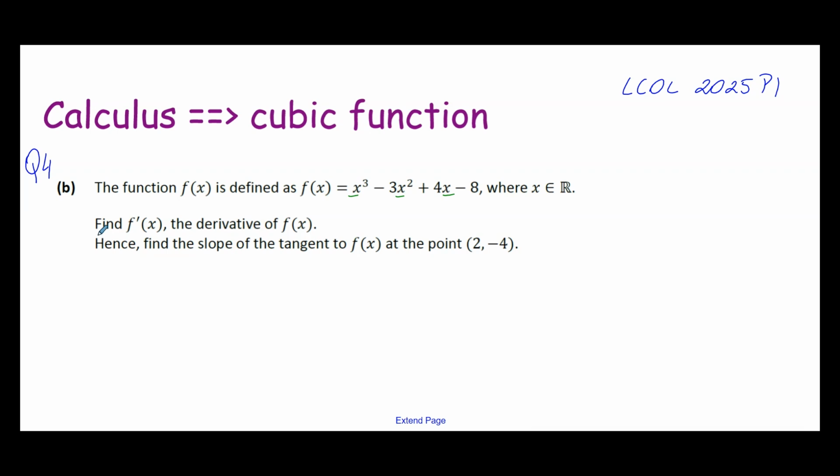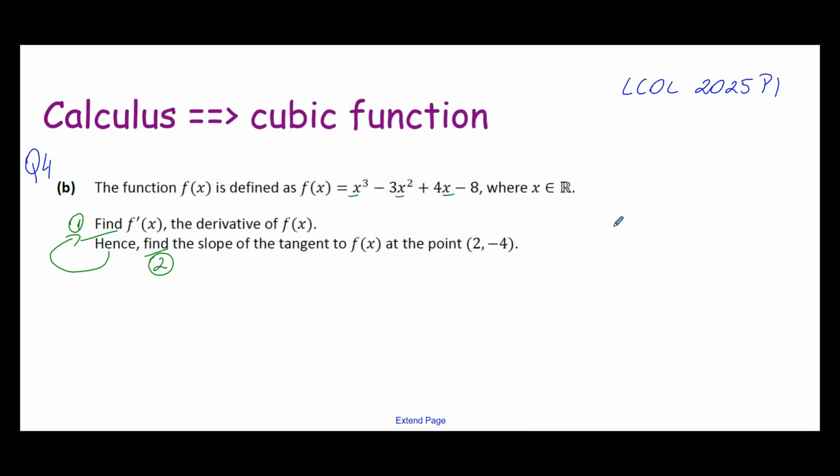We need to find what? The derivative. And then hence, meaning what? With that knowledge of having the derivative, we have to find, in the second part, the slope of the tangent to f(x) at the point. What does that mean?